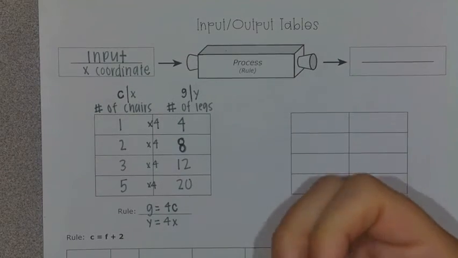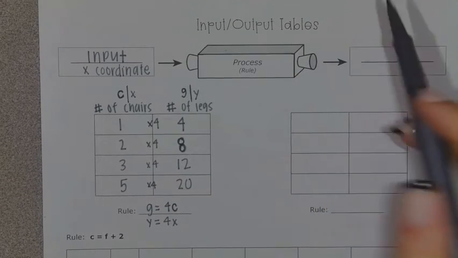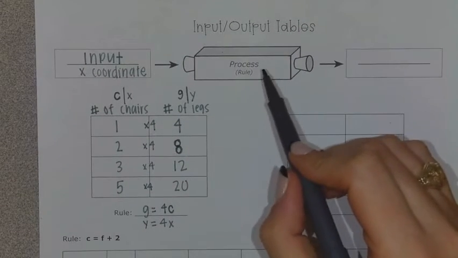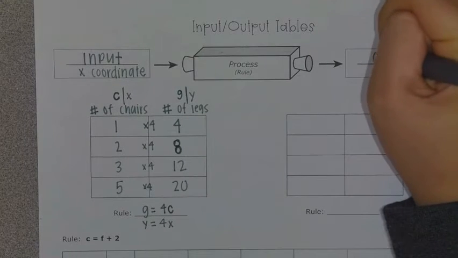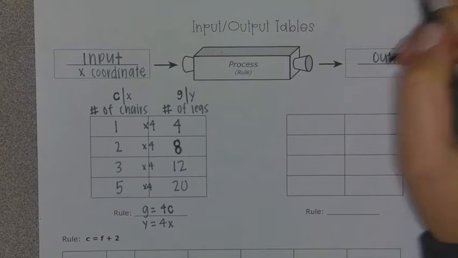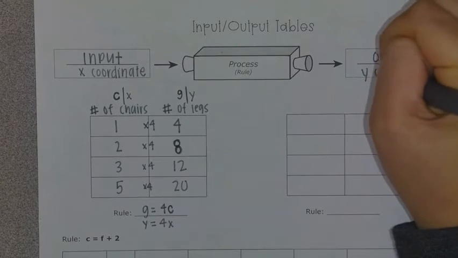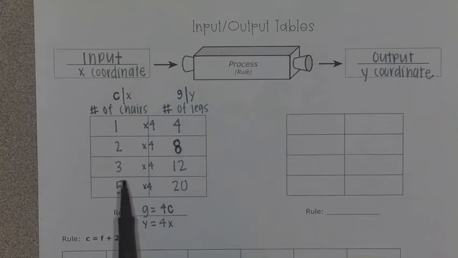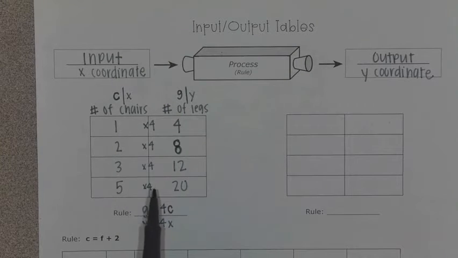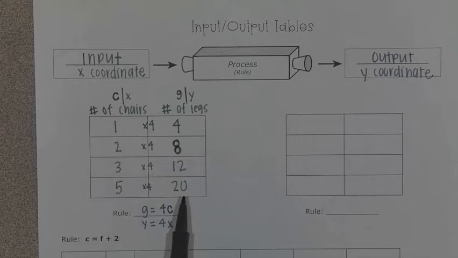You can create any number for x. A process is going to happen. The process is our rule down here. So we're multiplying it by 4. And that's going to give us our output, which is whatever the y coordinate is. So I'm inputting the number of chairs. I'm multiplying it by 4, and that's giving us our output, the number of legs.